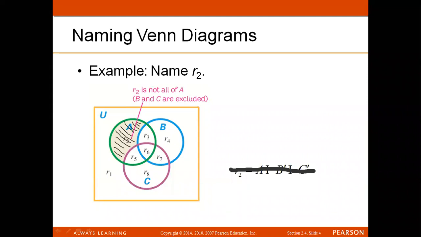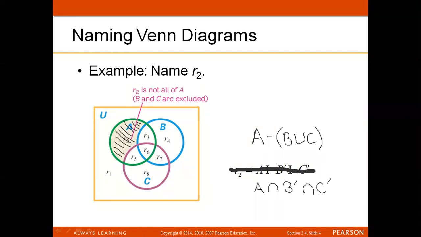We could look at it as A without B or C. That's how I would represent it. See what the book said. The book said A intersect the B complement, intersect the C complement.